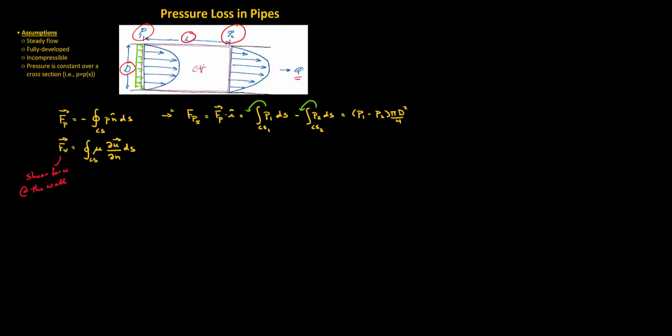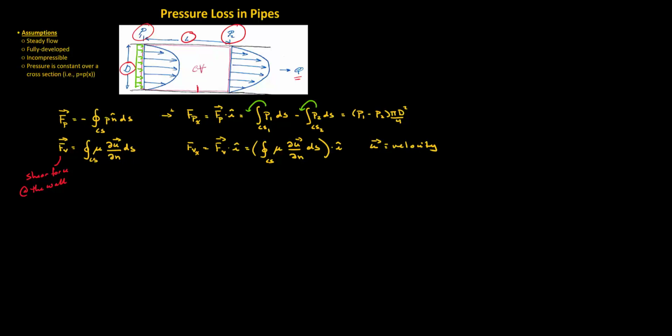Now, we can also define a viscous force in the axial direction, which we, of course, know to be of the form of the dynamic viscosity multiplied by du by dn, dS, and then projected in the i direction, where u is the velocity. And here, let me draw n on our little image here.